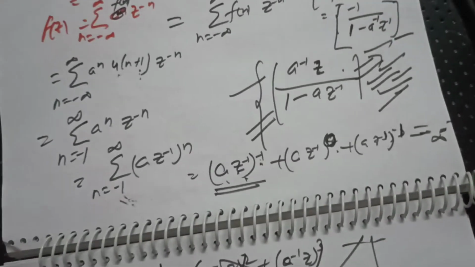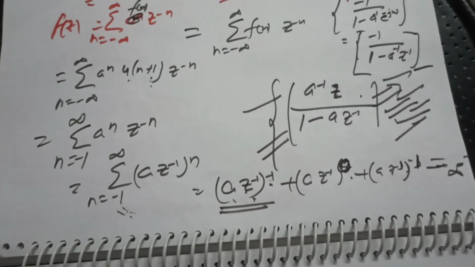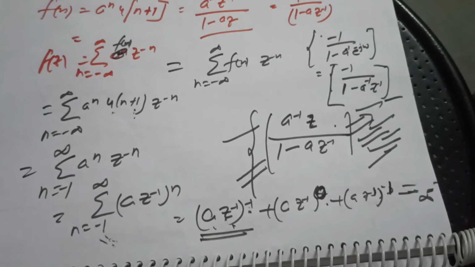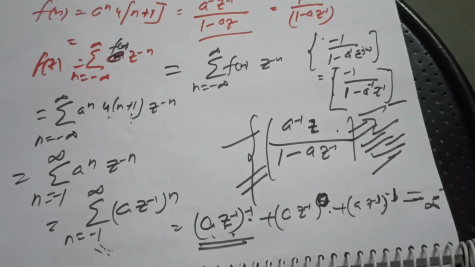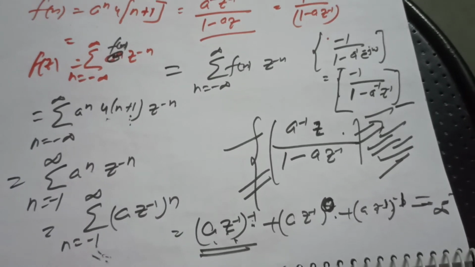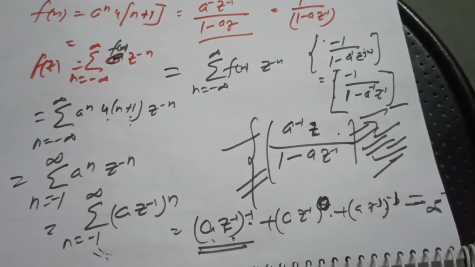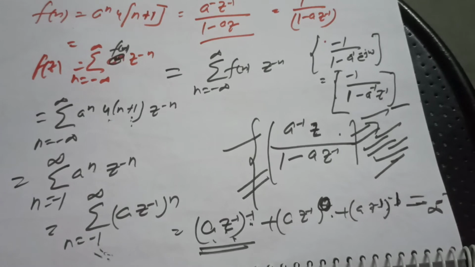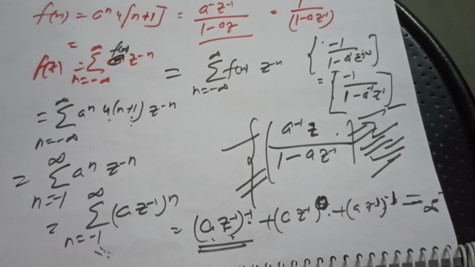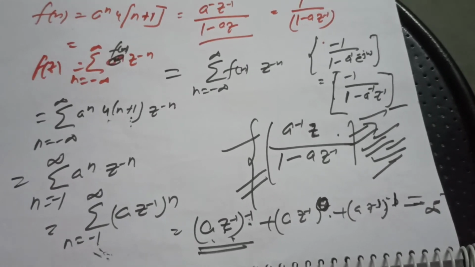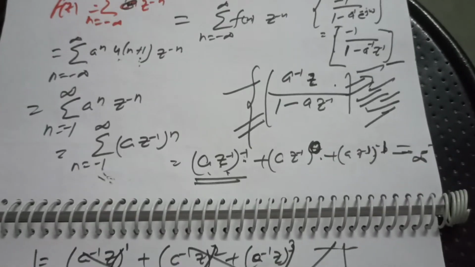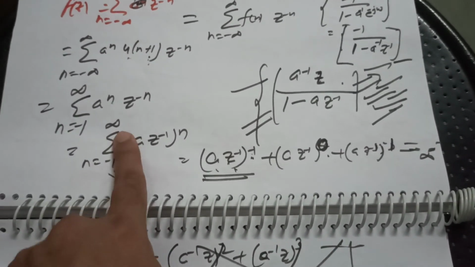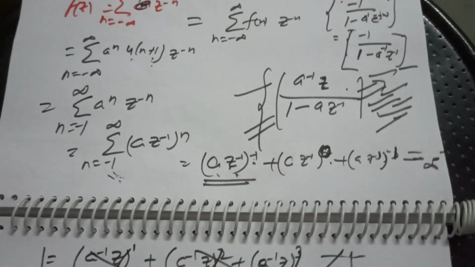Now I would like to give one example. Take f(n) equals a^n u(n+1). We can directly obtain the z transform, but I am not going for that. I am going with the basics. So put a^n u(n+1) z^(-n); the summation will go from n equals -1 to infinity, of (a z^(-1))^n.